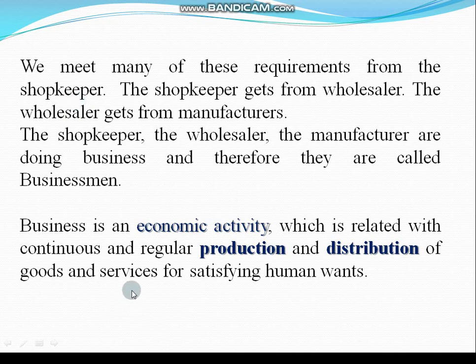Whereas for services, for example, if you fall ill, you are going to consult a doctor. The doctor is offering his service to you, so that is service, because you need to be satisfied in your life. That's why you need services as well as goods. Goods and services are the two types that we need importantly for satisfying human wants.